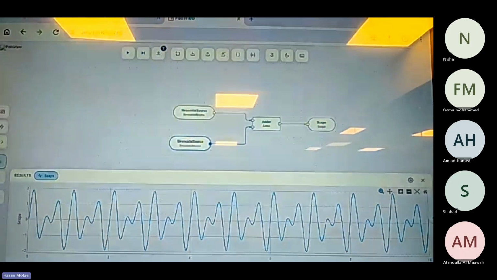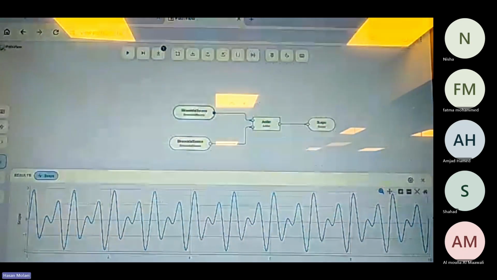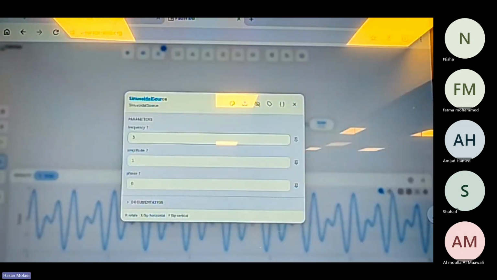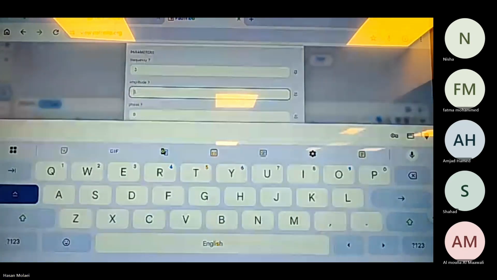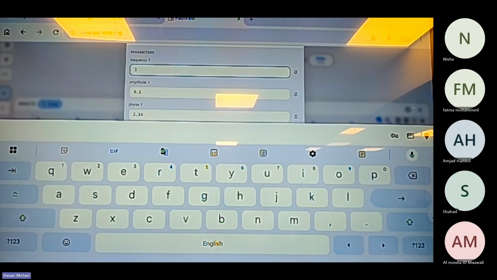I changed the first one to 1 Hz, amplitude 1. The second one, 3 Hz and amplitude 0.1. And I will add a phase of pi, which equals 180 degrees.